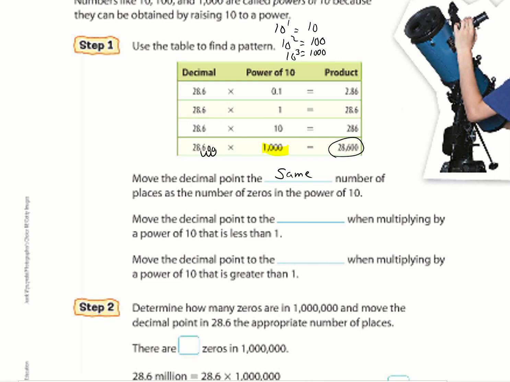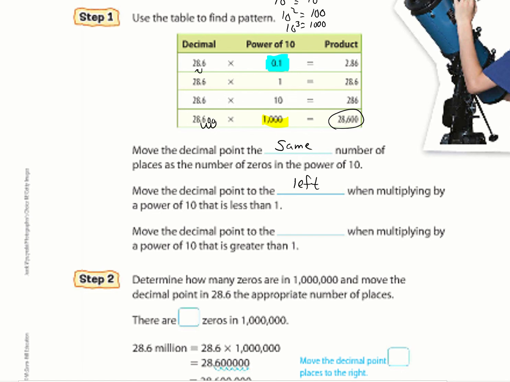It says move the decimal point to the blank when multiplying by a power of 10 that is less than 1. So we have a power of 10 less than 1 here, and we have 28 and 6/10, and the product was 2 and 86/100. That must mean the decimal point moved to the left when multiplied by a power of 10 less than 1.